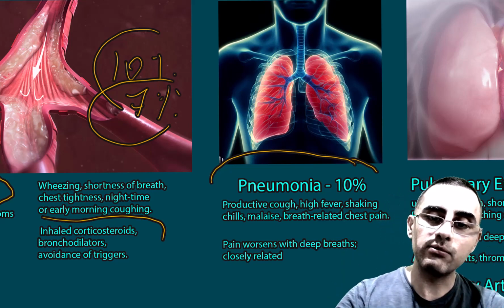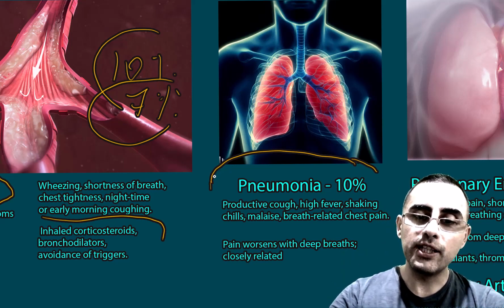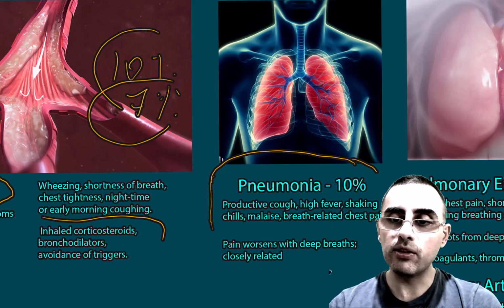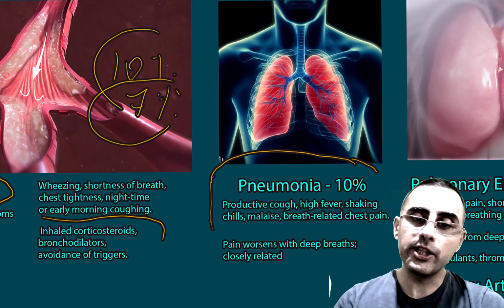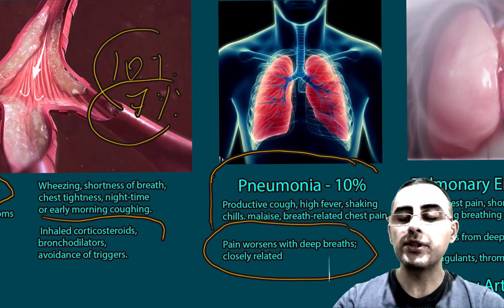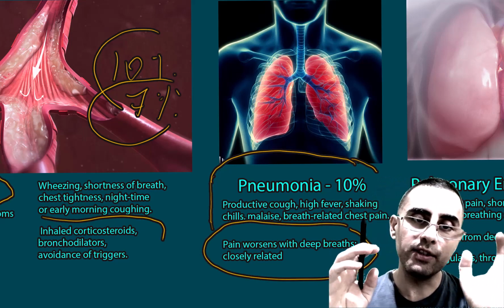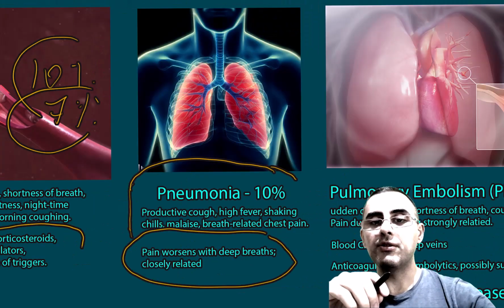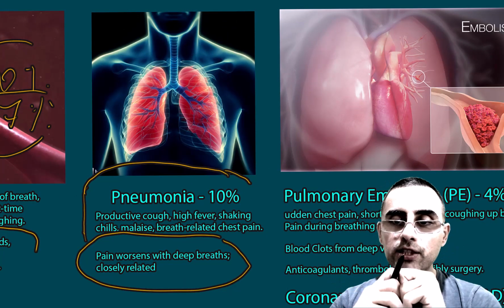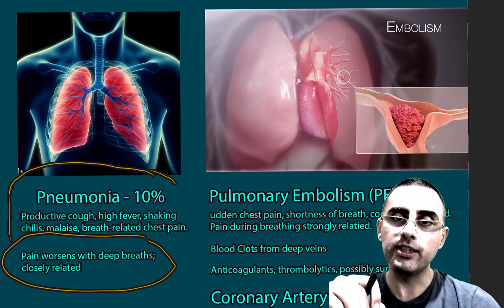It's an important symptom. It occurs usually among kids and the elderly whose immune system is not fully strong, and pain worsens with a deep breath. It's important. Treatment is antibiotics if it's a bacterial infection, non-steroidals if it's a viral infection. If it's a fungal infection, then antifungals are needed.